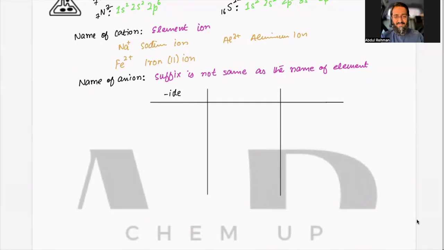So there are 3 suffixes. One type of anions have IDE in their name. Then the others have ITE and ATE.